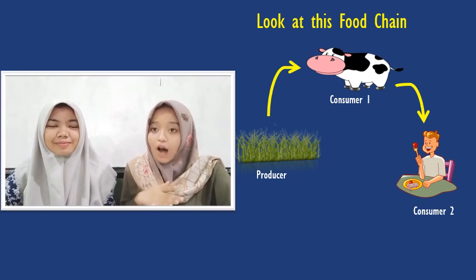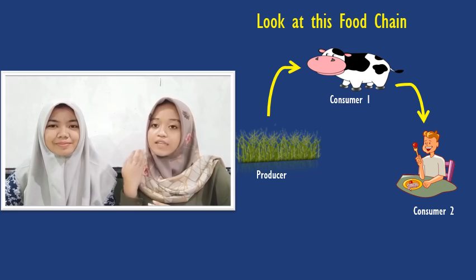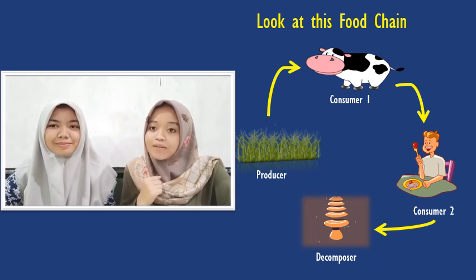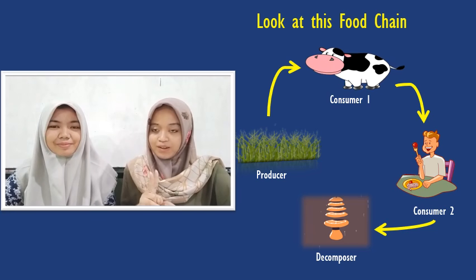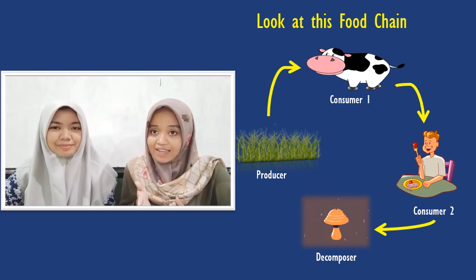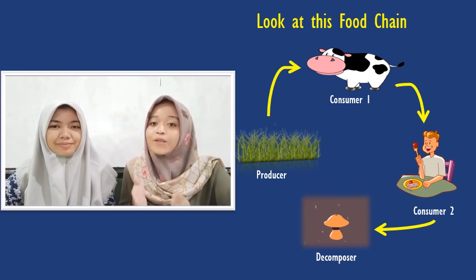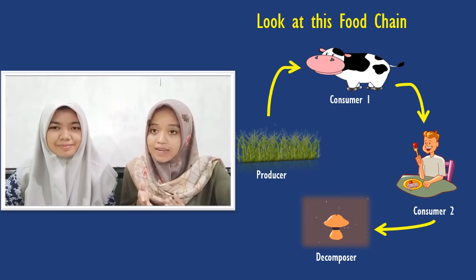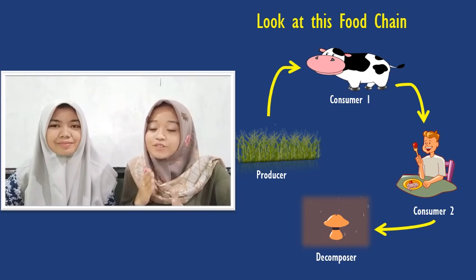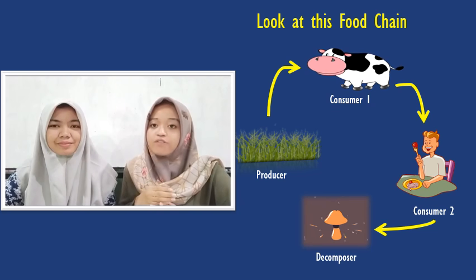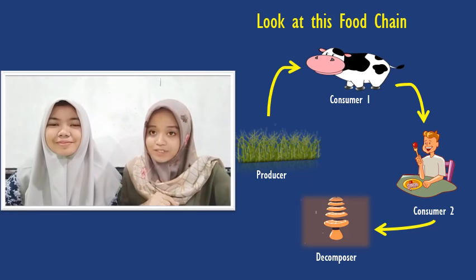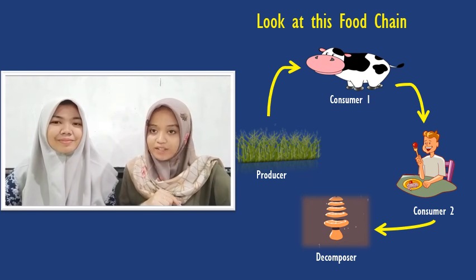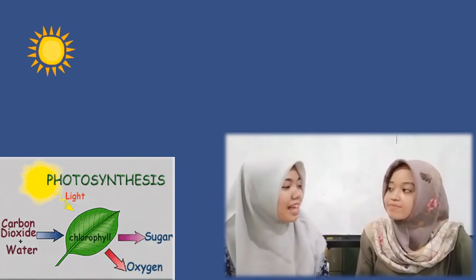The cow is eaten by a human, and the human is called consumer two. If the human dies, the human will be decomposed by decomposers. Decomposers are bacteria and fungi inside the soil.